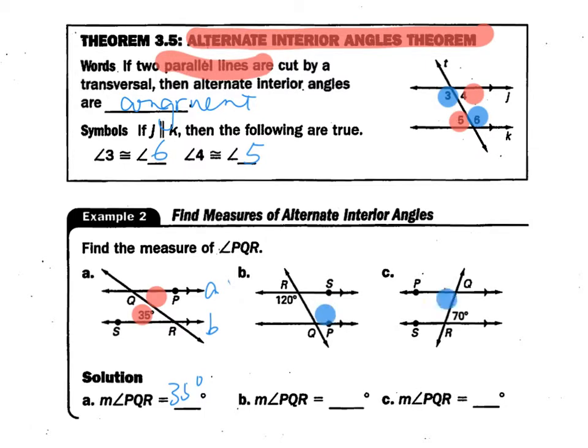And for C, PQR is right there on the left side of the transversal. And all of them, because line A and line B are parallel, the alternate interior angles must be congruent. In the case of B, it's 120 degrees, and for C it's 70 degrees.